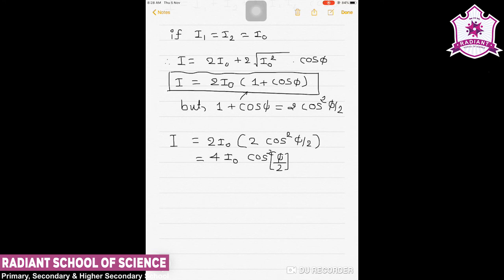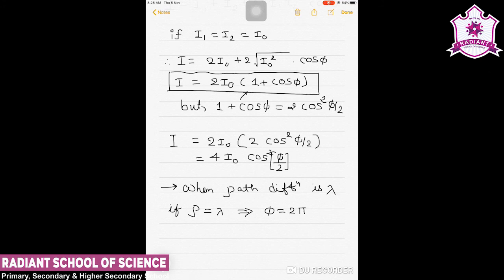Now when we consider in a simple manner that path difference is lambda, if p is lambda, then obviously phi will be 2 pi, because in one wavelength the phase difference is 2 pi.